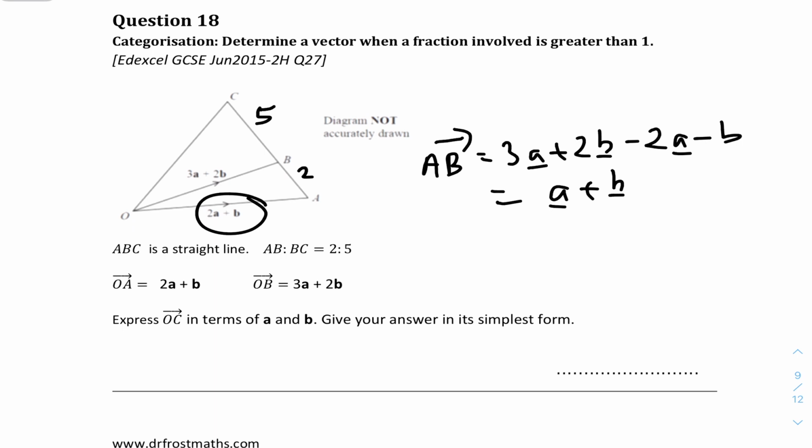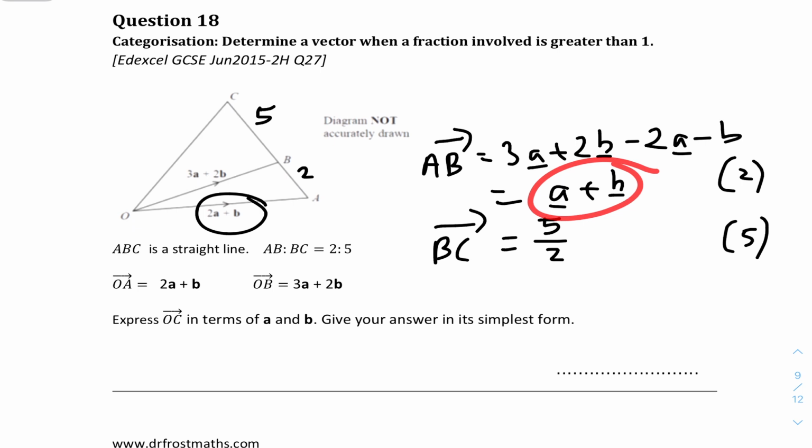So we know that AB to BC is 2 to 5. That means that BC is basically 5 over 2, because we know that this is equal to 2 parts, and you have to find what the 5 parts are. So we can just divide this by 2 first to get what 1 part is, and multiply it by 5 to get 5 parts.